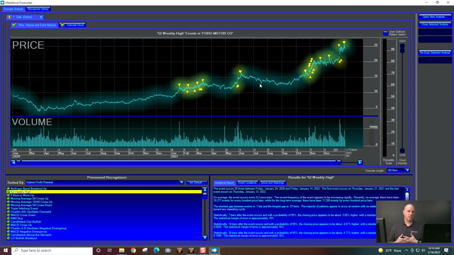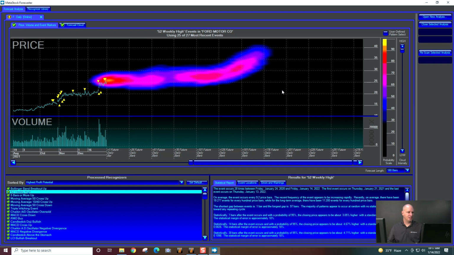So what we want to understand is what happens when that happens. So what's our probability of price going forward based off of that scenario? What we can do is click on any of these recognizers, and it will paint a picture for me of a probability cloud of where it would go based off of that specific recognizer.